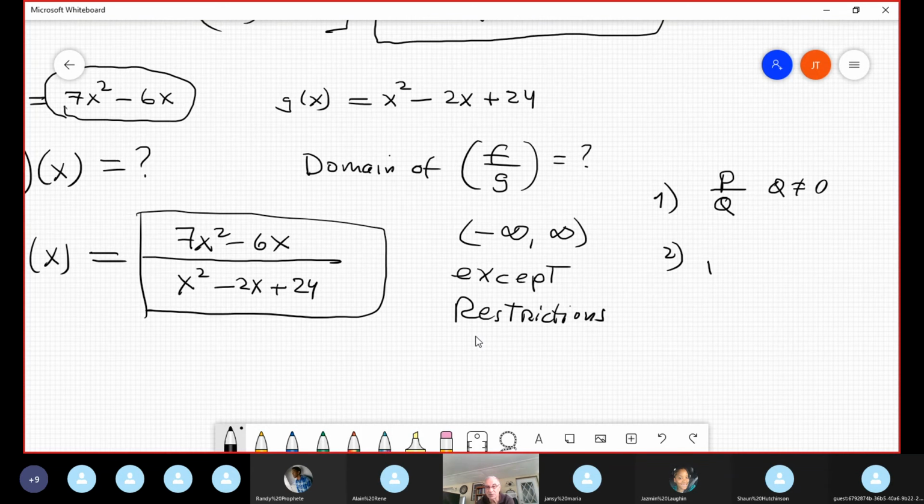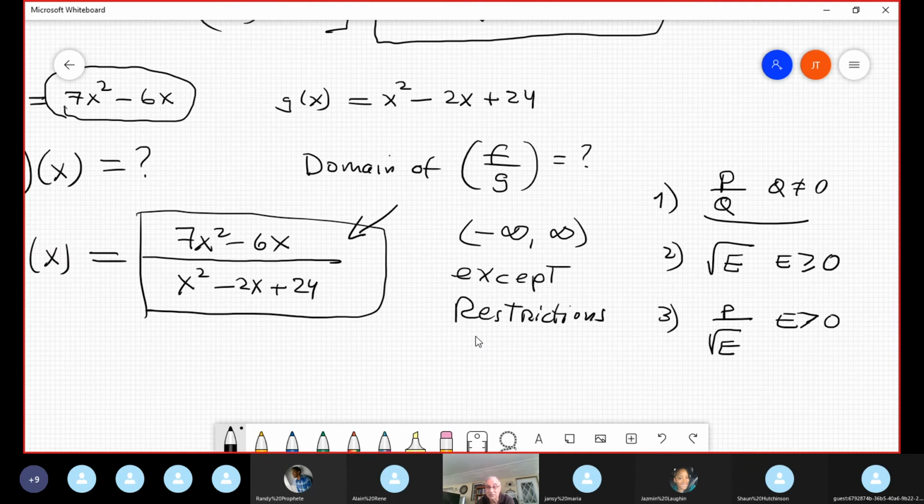The second is when you have a square root. The expression inside must be non-negative. And p divided by a radical is when the radical is in the denominator: the expression inside must be positive, only positive, no negative, no zero. In this specific example, this restriction applies.